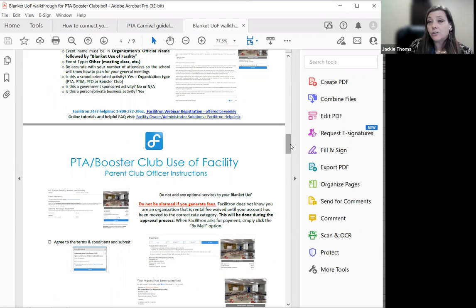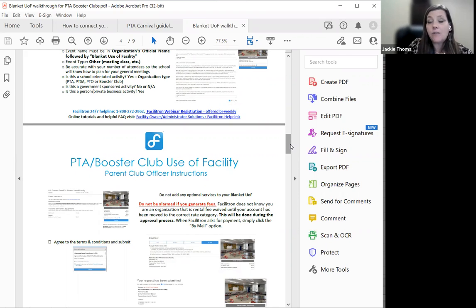The money that Facilitron collects for custodial supplies goes back directly to the school site, so that it credits their custodial supplies accounts so that they can purchase more supplies for the supplies that are used. Any overtime or utilities that are collected get collected by Facilitron, and it goes directly to our payroll department or our utilities department to reimburse those departments that incur that fee.